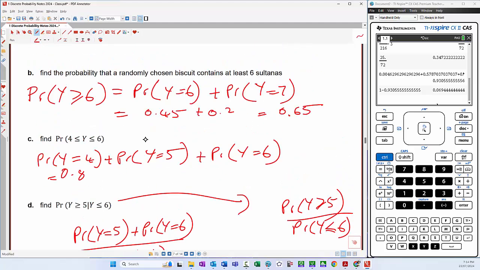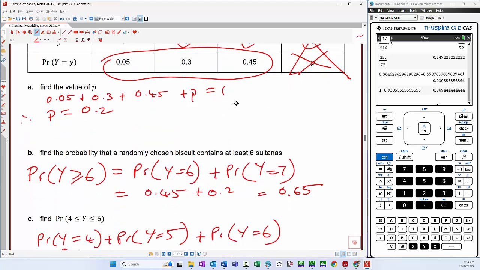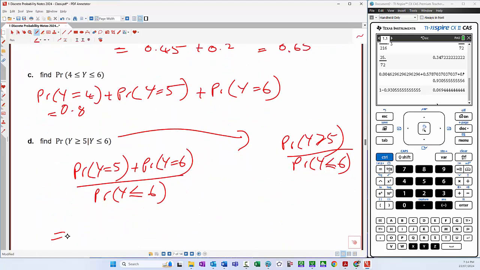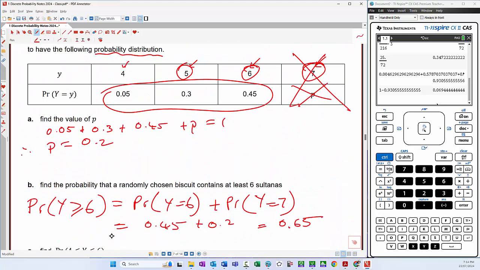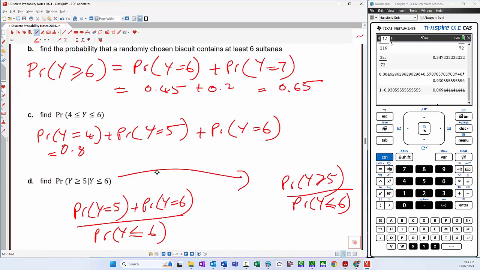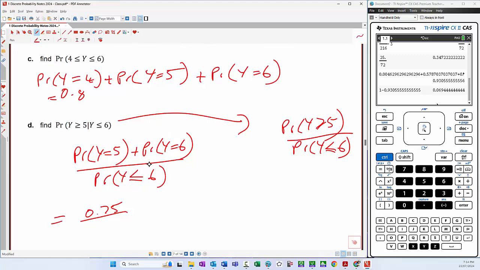So it's equal to 5 plus 6. So 5 and 6 was 0.75 over less than 6. What was that? 0.8, I think. Yeah.